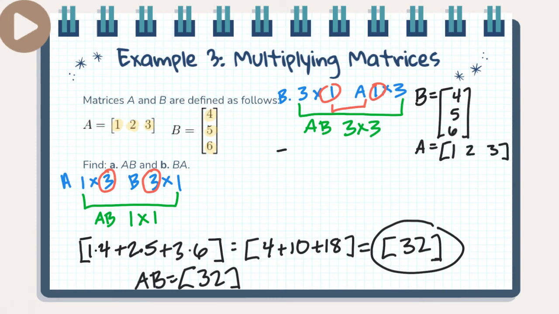So this is going to be a row by column multiplication. I know that I'm going to have to multiply 4 times 1, then I'm going to have to multiply 4 times 2, and then 4 times 3.